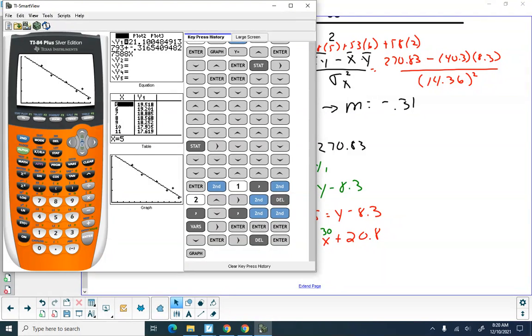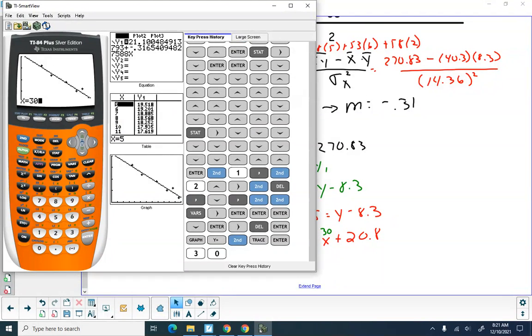Along with that, this is a KYC moment, we can calculate. If I look at my Y equals, what I've stored in my Y equals is my equation. If I go to second and calculate my value, it asks me what x value I want.